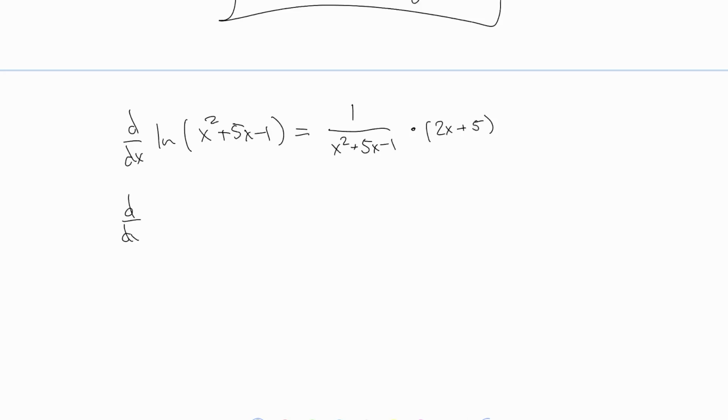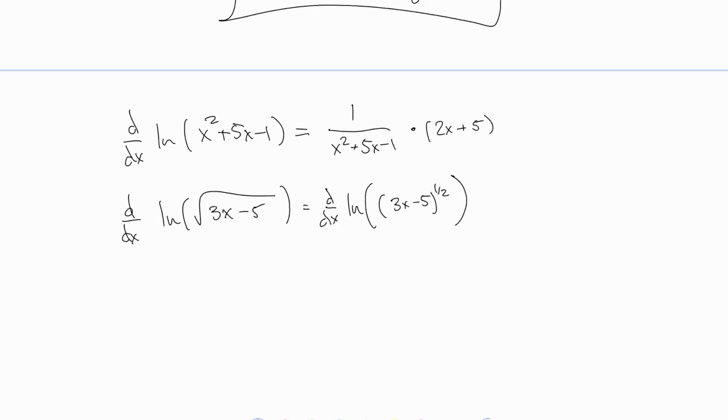I got 2 more. These really aren't going to get all that complicated. I got log of root 3x minus 5. I would suggest, as we always do, write the square root as a 1/2 power. So this is ln of 3x minus 5 to the 1/2, like that.